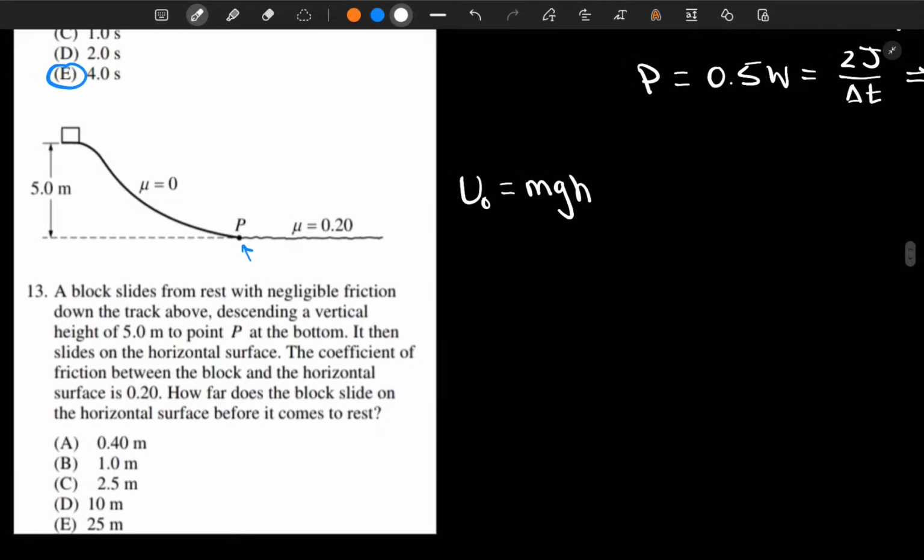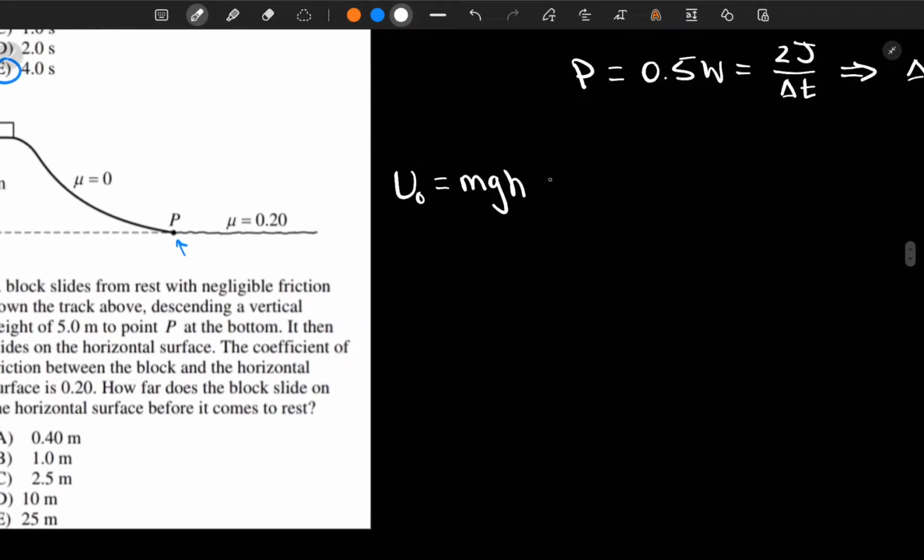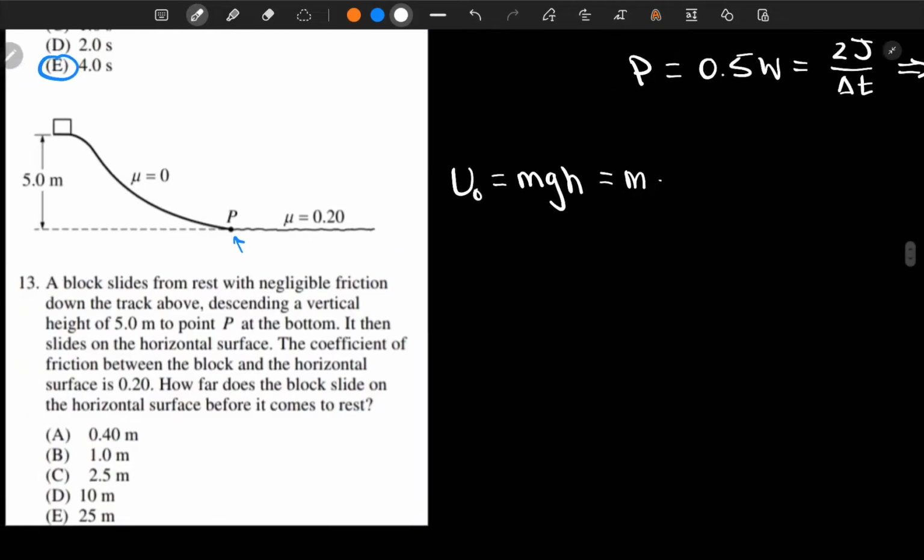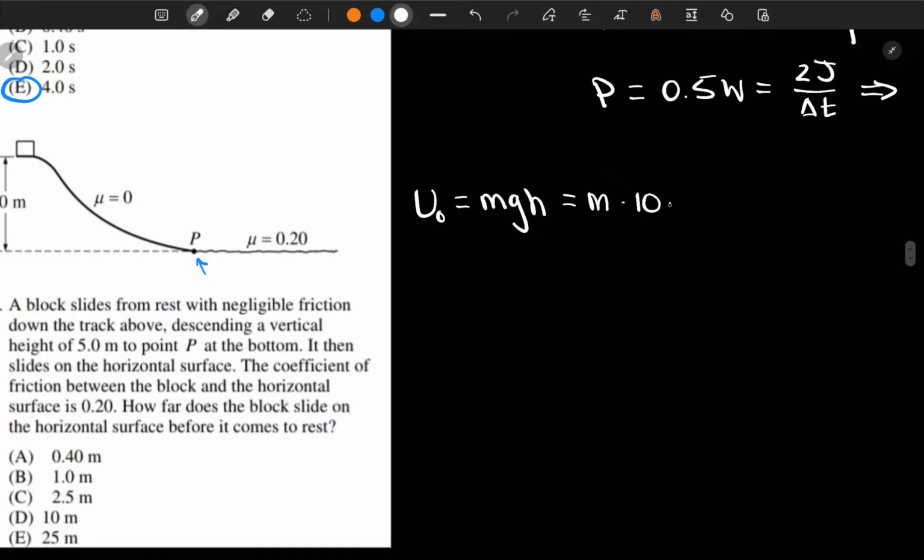Knowing the height and the gravitational acceleration, we find that the potential energy of gravity is equal to the mass m times the gravitational acceleration 10 times the height 5. So this is 50 times the mass.